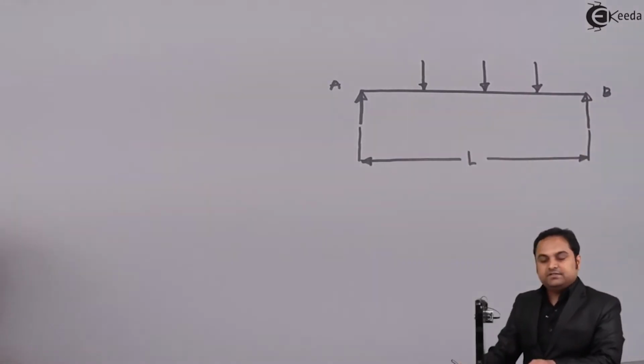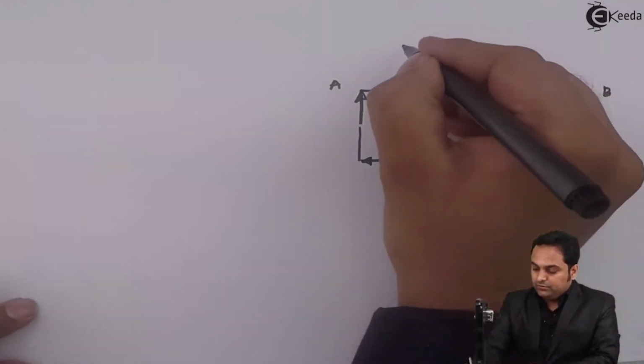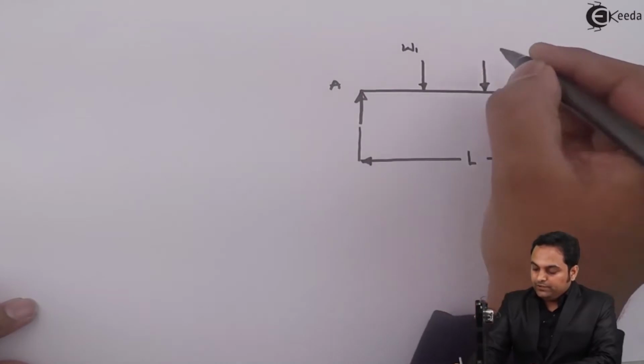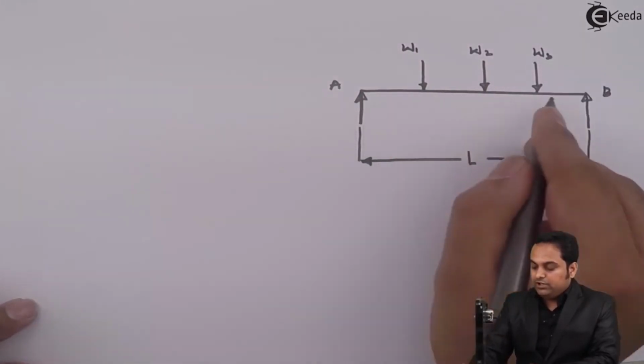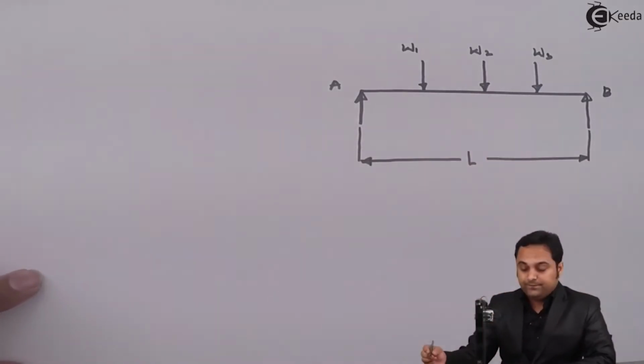I am just taking this example that there are three loads, W1, W2 and W3. All three are point loads as we can see here.